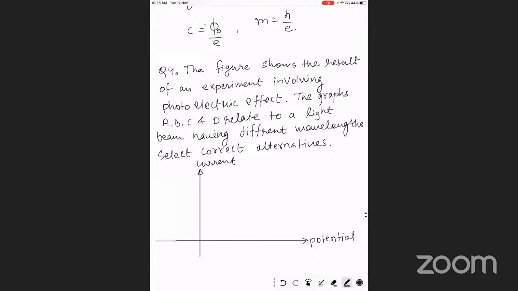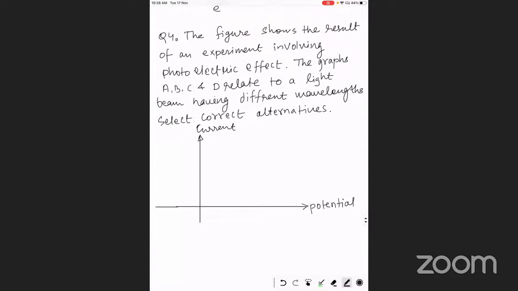I hope you remember that experiment, in which we try to stop the fastest moving electron by generating negative potential. Do you remember? एक मेटल था, उसमें लाइट आ रही थी तो इलेक्ट्रॉन बाहर आ रहा था, right? I believe you remember that experiment.